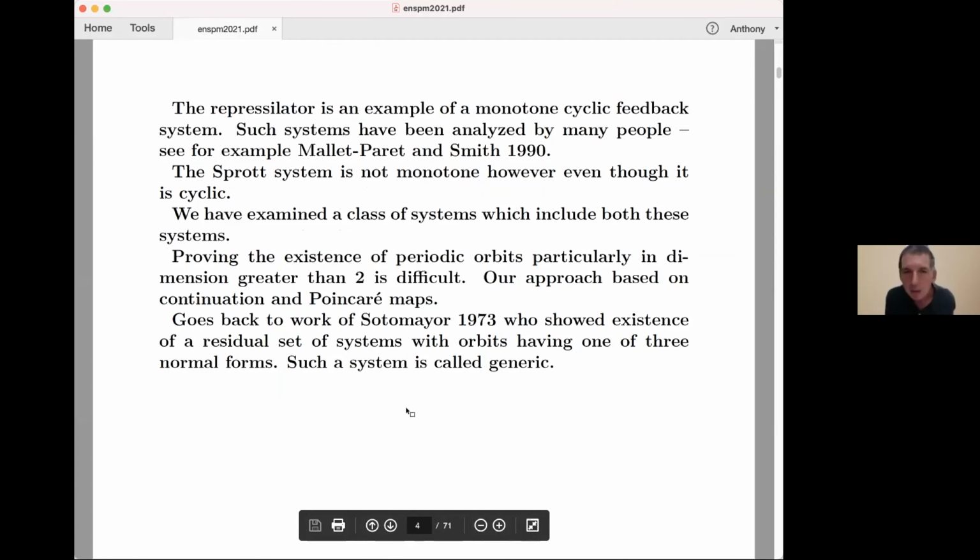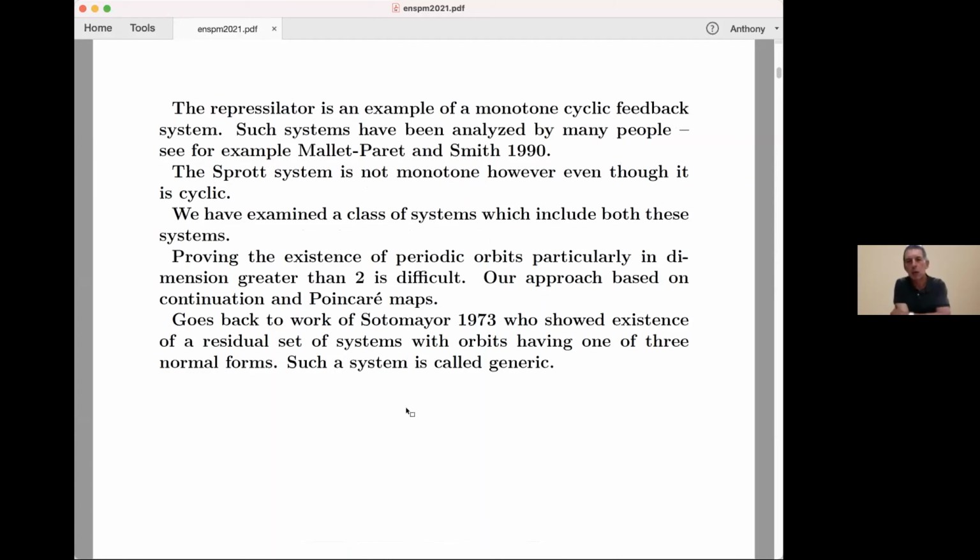And the repressilator is an example of what's called a monotone cyclic feedback system. So this has become quite famous in biology. And that's where the derivative of the, if you like, the repressor term is always of a constant sign. So these systems have been analyzed by many people. There was a famous paper by Mallet-Paret and Smith in 1990, which looked at them. The interesting thing about the Sprott system, though, is it's not monotone, and that's because you get these different signs.